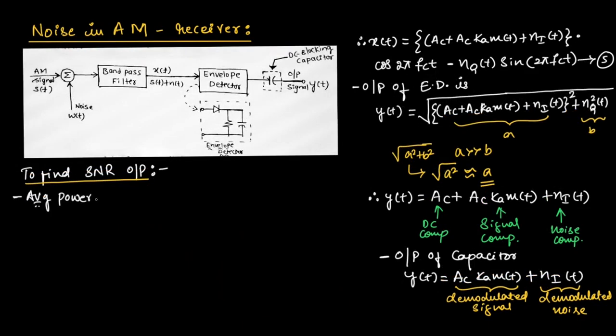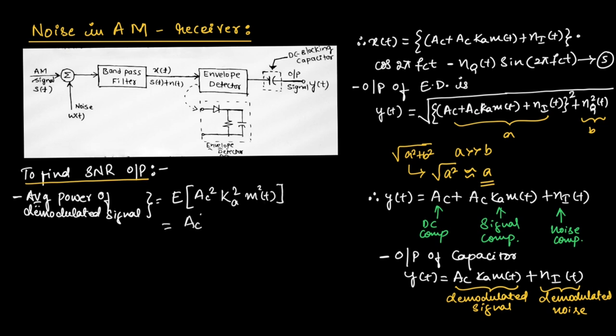Then for the next step, to calculate the SNR of the output, we need to find the average power of the demodulated signal and the average power of the noise, as was done for the channel SNR. So as we know, the average power gives Ac square and Ka square, and the message signal is P as we found already.